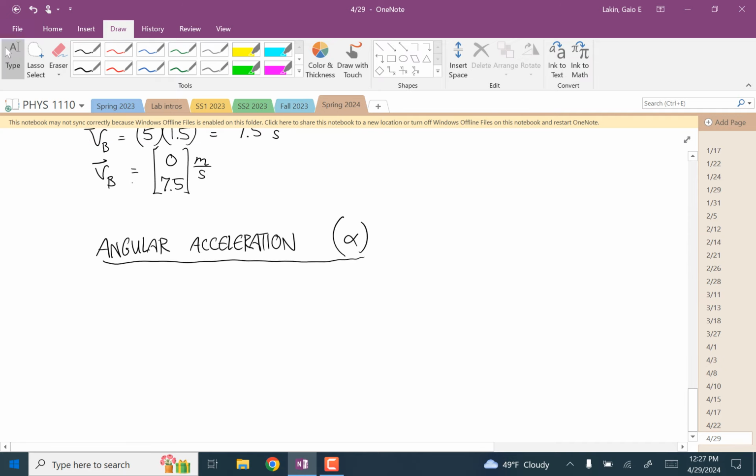Okay, the angular acceleration, well, acceleration always tells you how quickly a velocity is changing of some kind. And so angular acceleration tells you how quickly the angular velocity is changing. So this measures how quickly omega is changing.